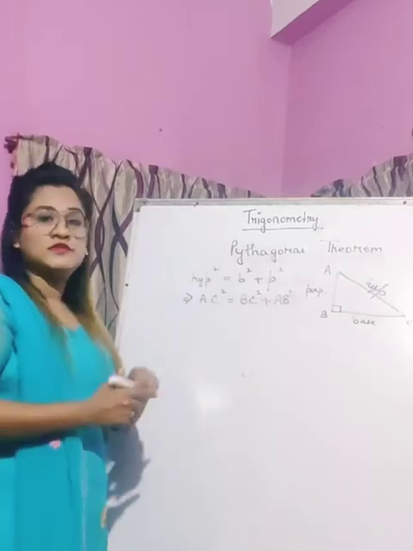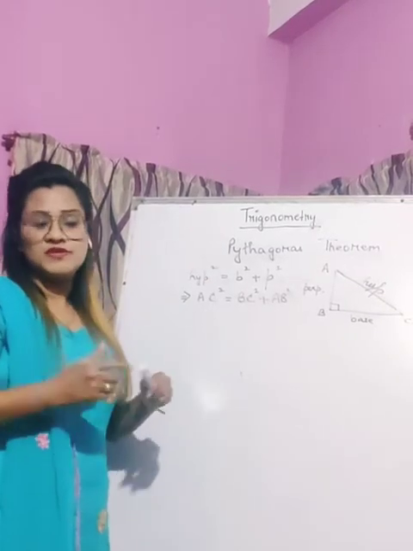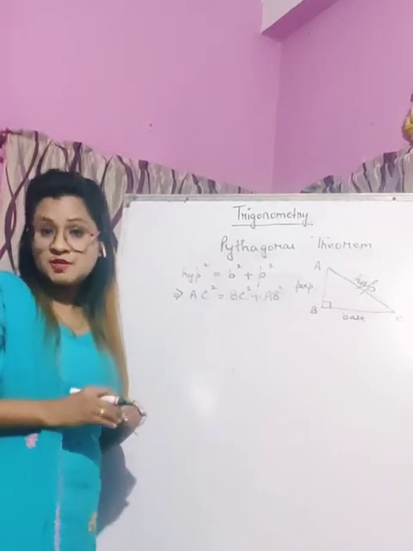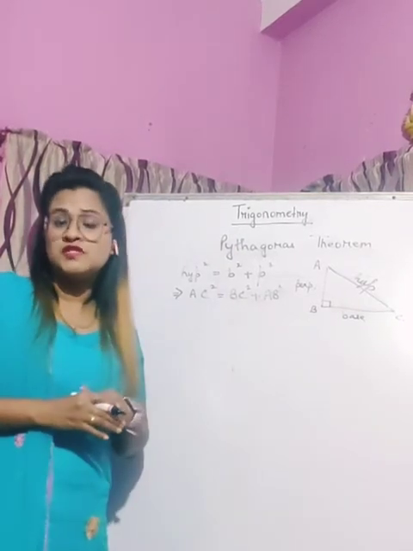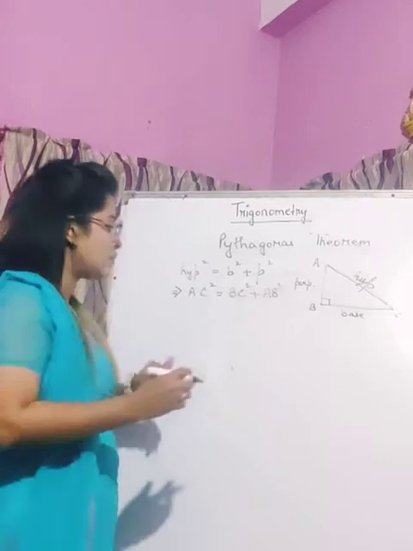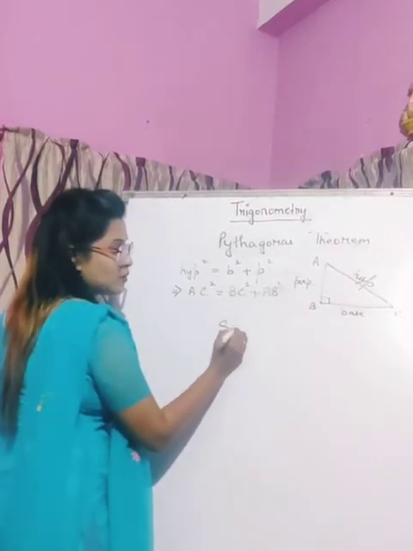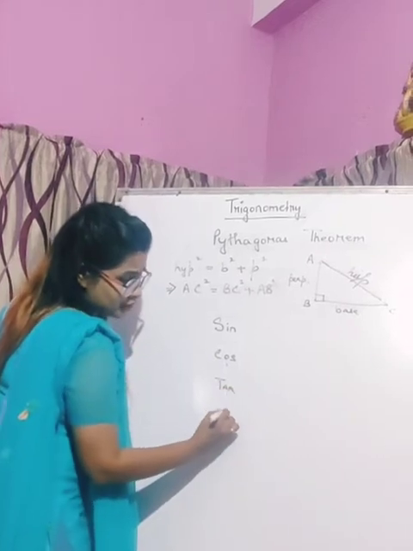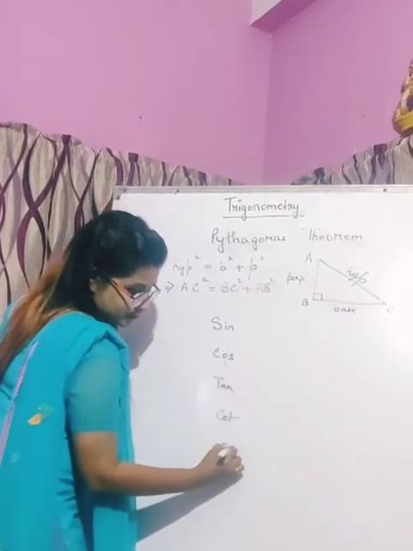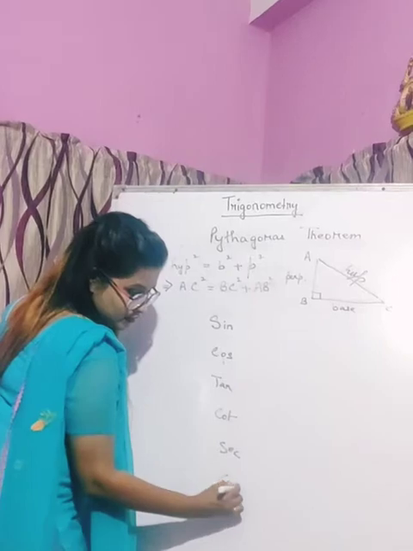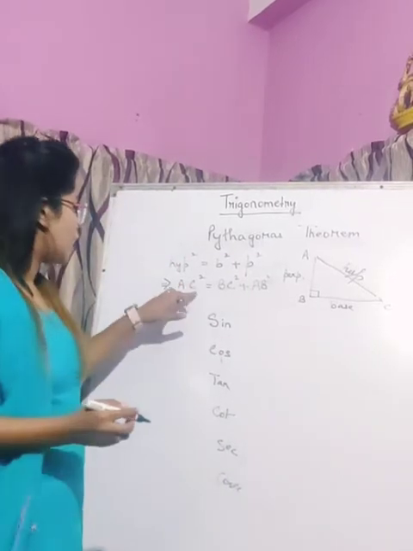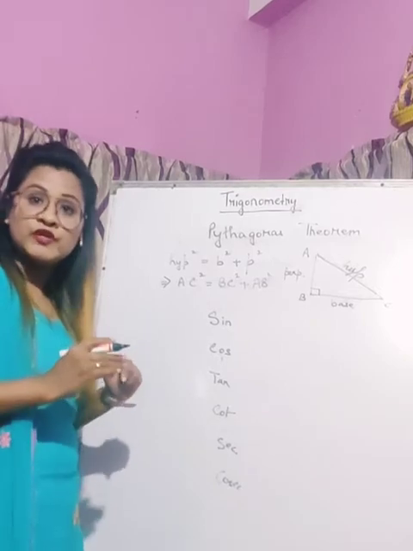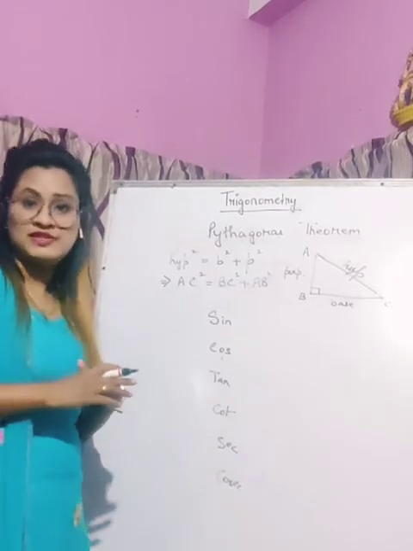Now with the help of this Pythagoras theorem, we will proceed to our next part of trigonometry. Before starting the main concept, we need to know certain terms associated with this chapter: sine, cos, tan, cot, sec, cosec. When defining these terms, we need to know which is the perpendicular, which is the base, and which is the hypotenuse.